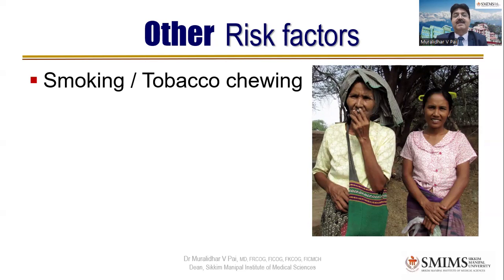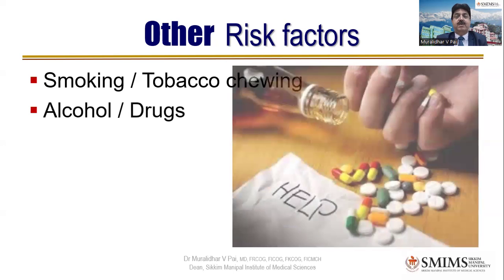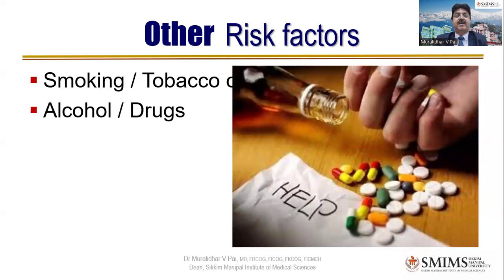I have seen that it is old-fashioned if men smoke. So women smoke not only in affluent places, but you also see a village lady smoking, and chewing tobacco is not at all uncommon. So these two are very significant risk factors. Alcohol and drugs. This has become very fashionable, socially accepted in current life.